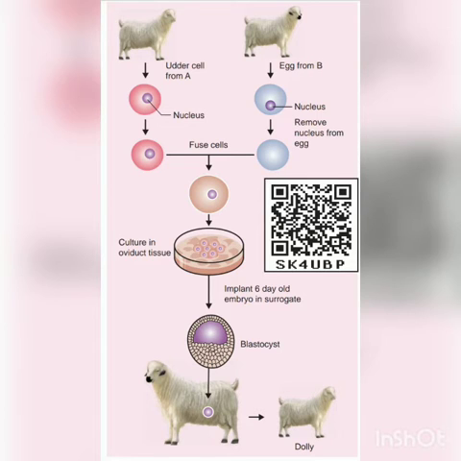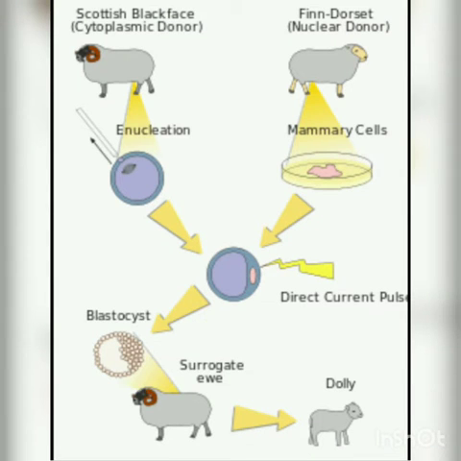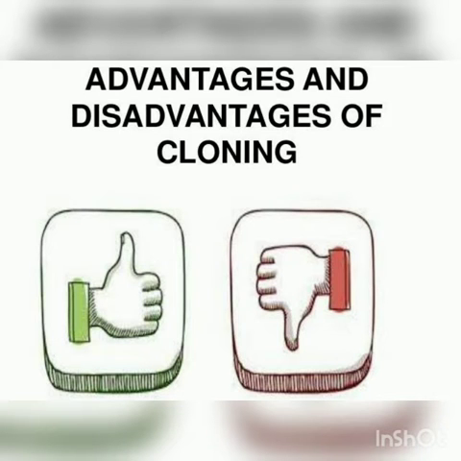The fused cell was implanted into another ewe, which served as a surrogate mother. 5 months later, Dolly was born. Dolly was the first animal to be cloned from a differentiated somatic cell taken from an adult animal without the process of fertilization.